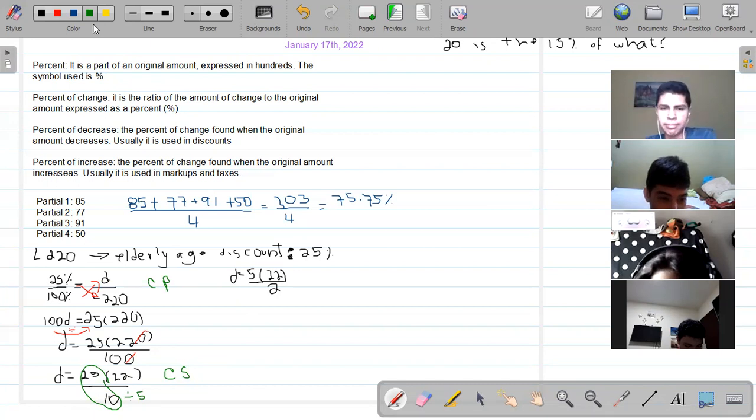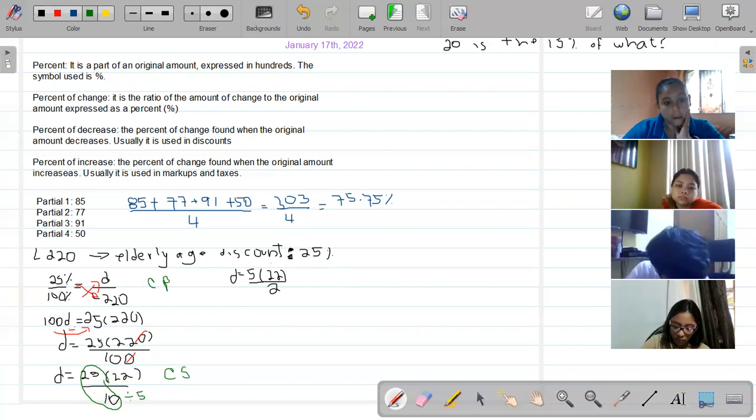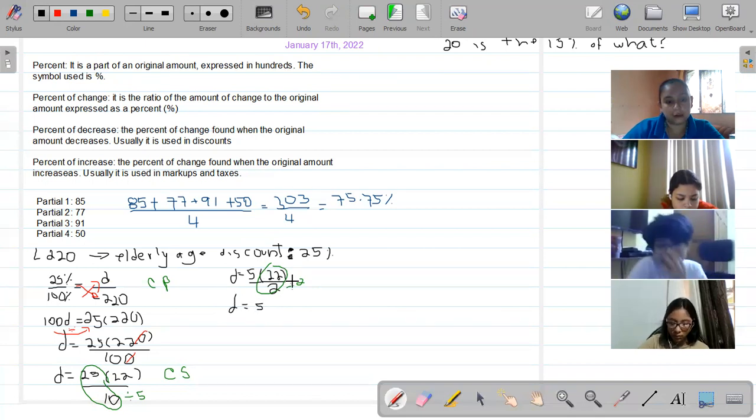Let's see if we can continue to cross simplify before multiplying. Can we simplify the 5 and the 2? No. But what about the 22 and the 2? Yes, we can simplify that by 2. So what do we have now? We got D is equal to 5, I didn't do anything, 22 divided by 2, that's 11, and 2 divided by 2, that is 1.